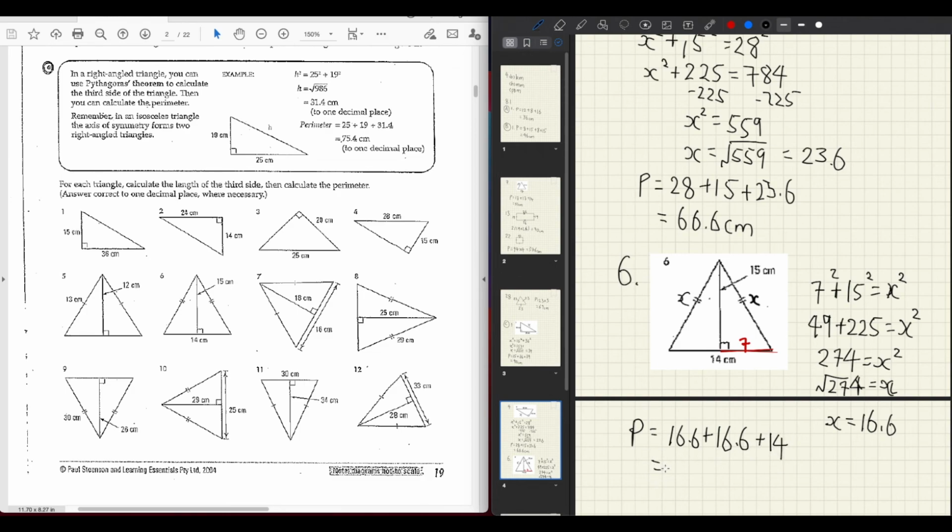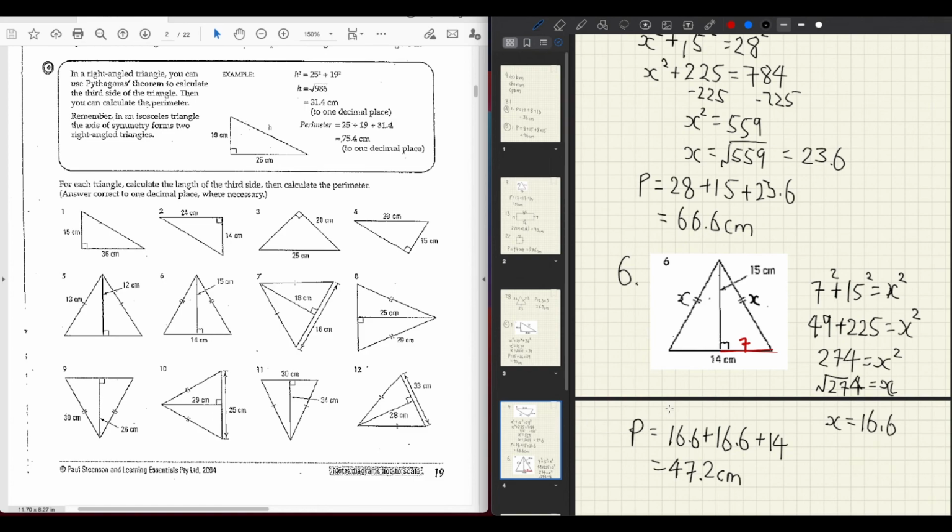So that should give you 47.2 centimeters. Make sure you write the units, very important.